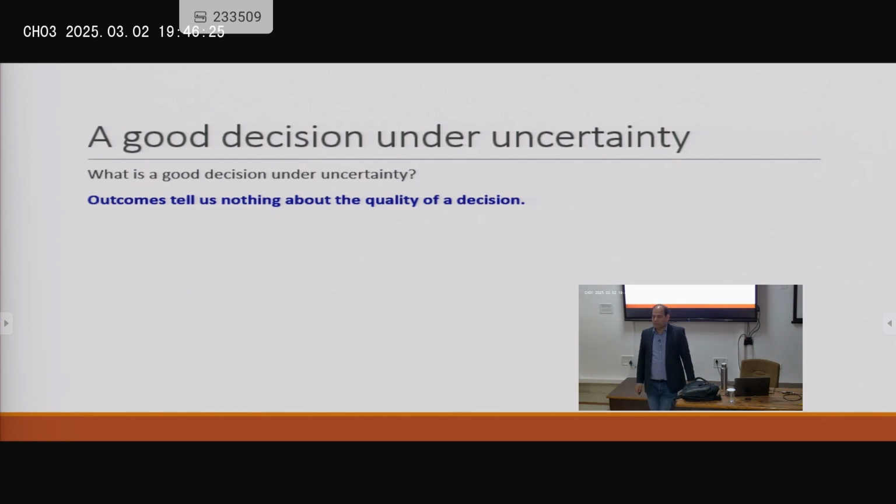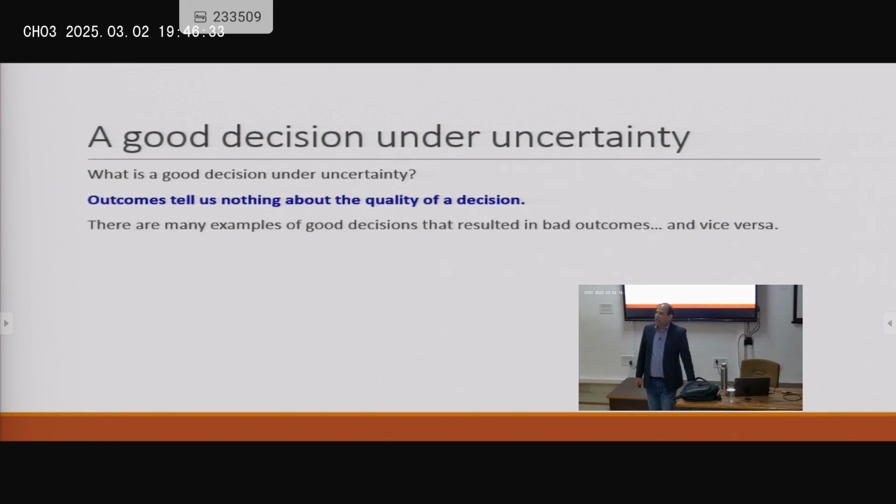You say, oh, that was a great decision. Somebody takes a risk, it doesn't pay off, and you say it's a bad decision, right? So there are many examples of good decisions that resulted in bad outcomes and vice versa. Okay, that does not make it a bad decision. Similarly, there are a lot of bad decisions that end up in good outcomes, and that doesn't make them a good decision.